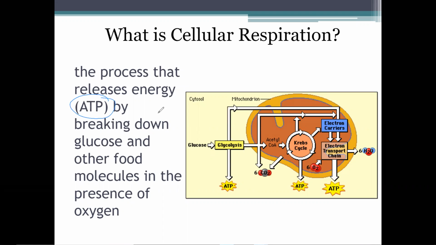And the way that ATP energy is released by cellular respiration, we have to break down sugars and other food molecules, specifically glucose. Glucose is that main sugar that gets broken down and burned in the presence of oxygen to make that energy. Okay? So we burn sugar, we break down sugar to make energy, is basically what I'm telling you.